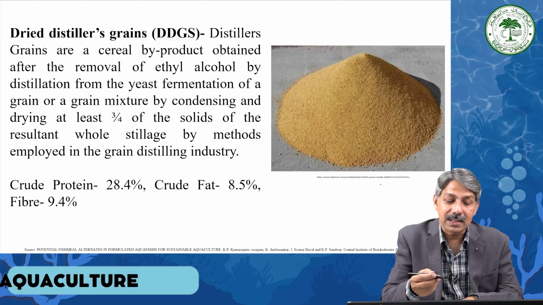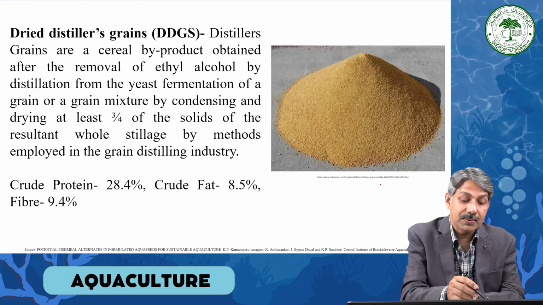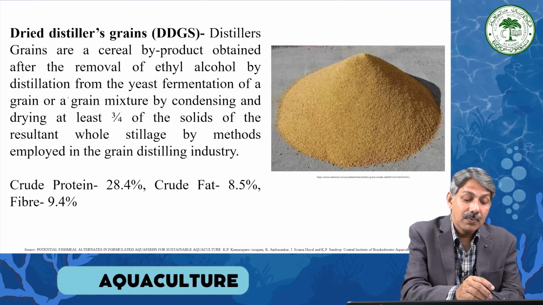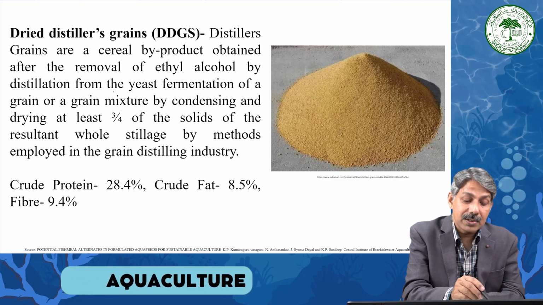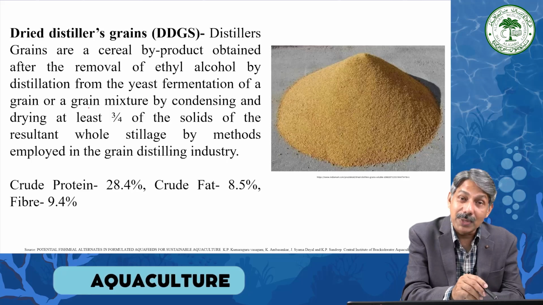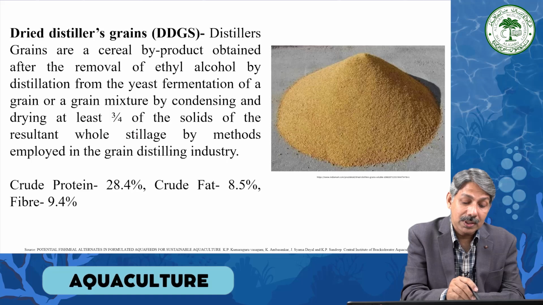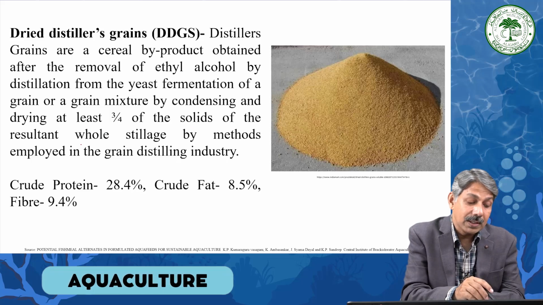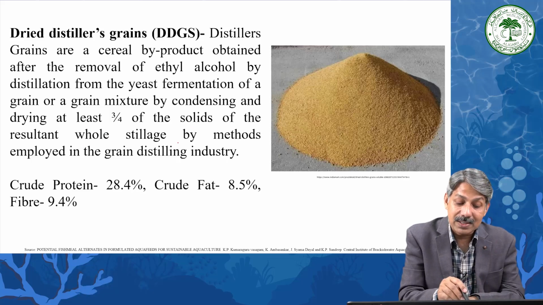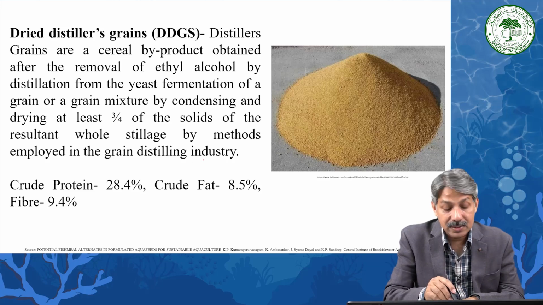Dried distillers grains. Distillers grains are a cereal byproduct obtained after the removal of ethyl alcohol by distillation from the yeast fermentation of a grain or a grain mixture, by condensing and drying at least 3/4 of the solids of the resultant whole stillage by methods employed in the grain distilling industry.